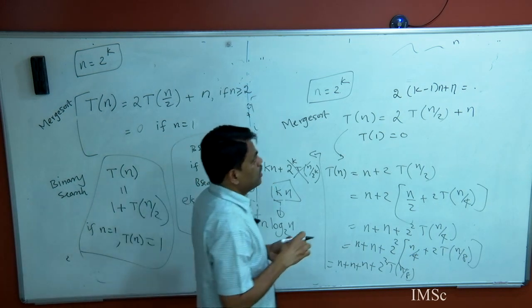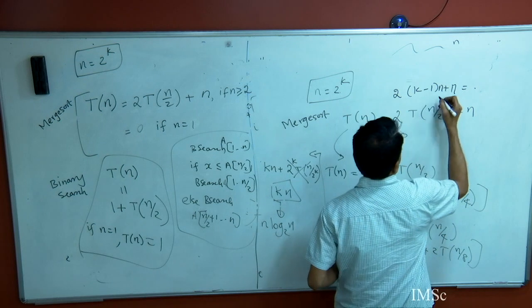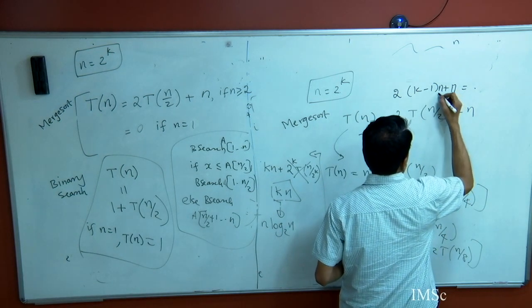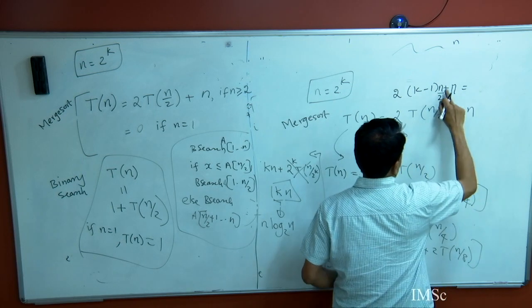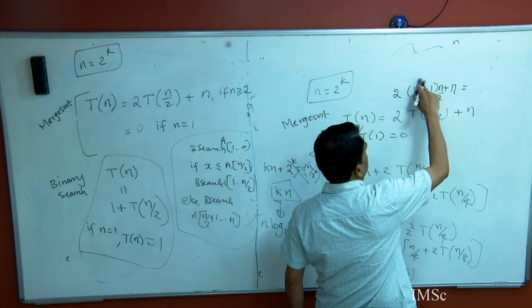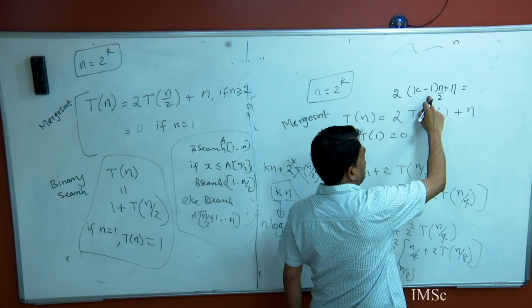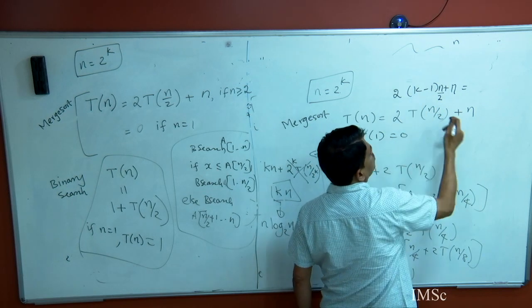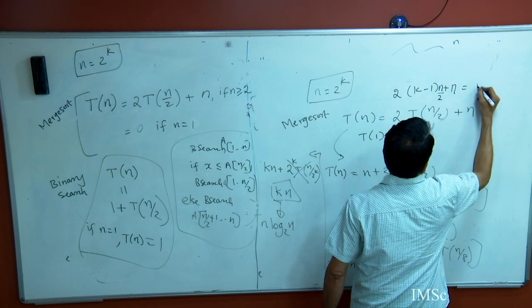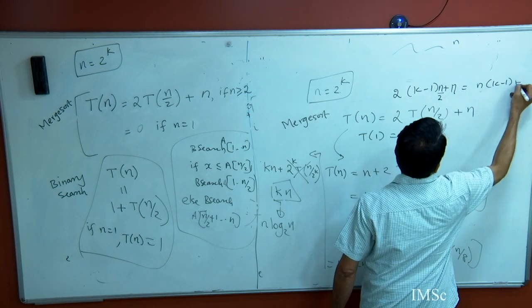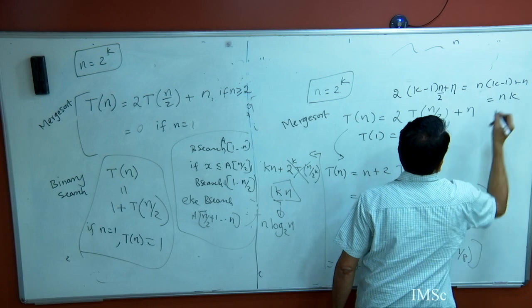So it will be, sorry, n by 2, right, n by 2 into k minus 1 plus n by 2, and the power of 2 in n by 2 is k minus 1. So this will be n into k minus 1 plus n, this will be nk.